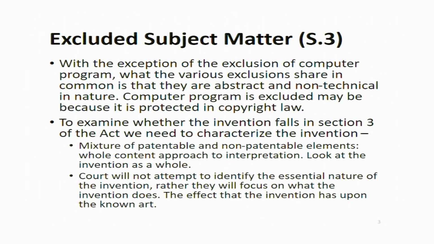Except for the exclusion of computer program, no other exclusion is something which is difficult to understand, because all of these are abstract things which cannot be granted patent. But why computer program is excluded, that will be discussed. Probably because, if you recall, while discussing copyright law, I said computer program is protected under the definition of literary work in section 2(o) of the Copyright Act 1957.